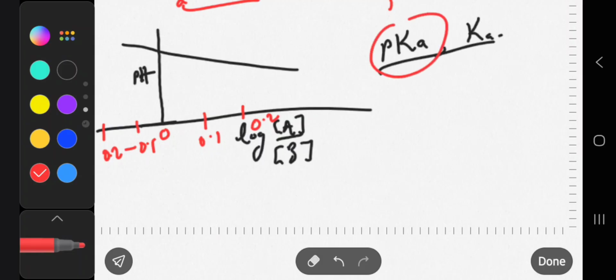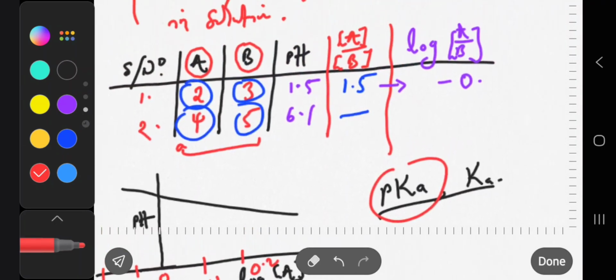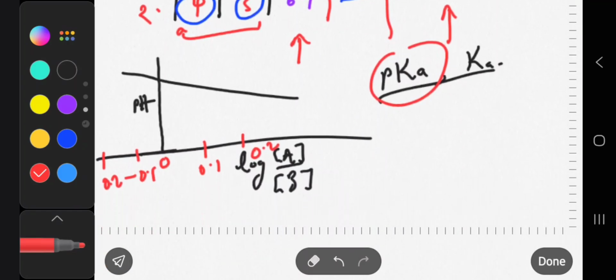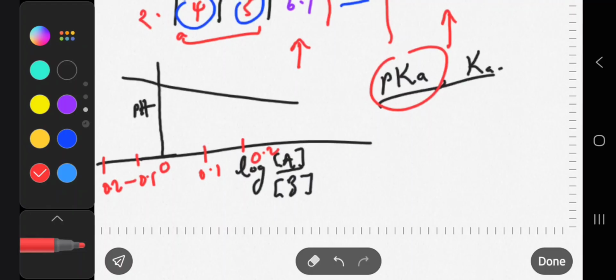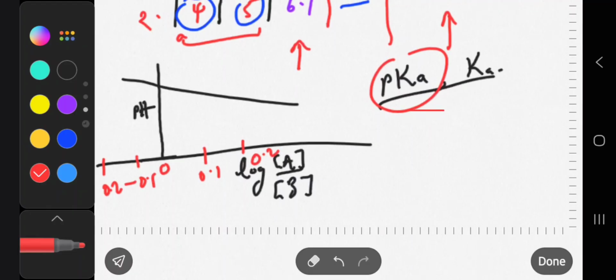The pKa from the graph is taken as the pH value. Remember, you're plotting a graph of pH against the log of the ratio, the divisions you made. You took the log, okay? So pH is taken from the graph. That's the pKa, it's taken from the graph as the pH value.